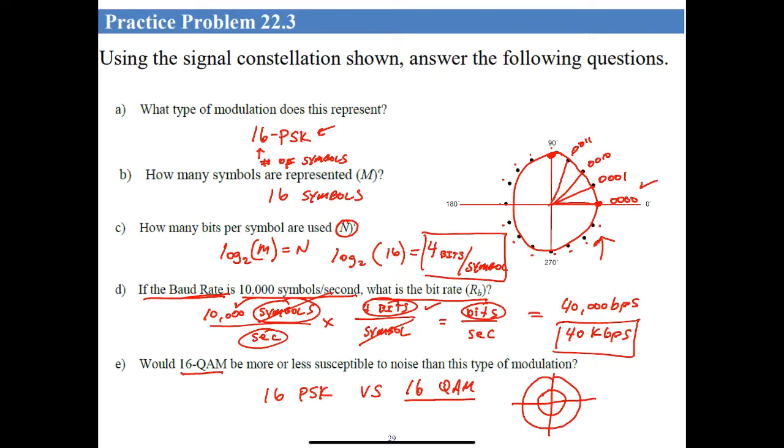The goal is to spread these dots far apart so the receiver knows which symbol you're trying to transmit. 16 QAM allows me to separate those dots even further, so this is better to reduce noise. So 16 QAM would be less susceptible to noise, because these dots are more spread apart than here.